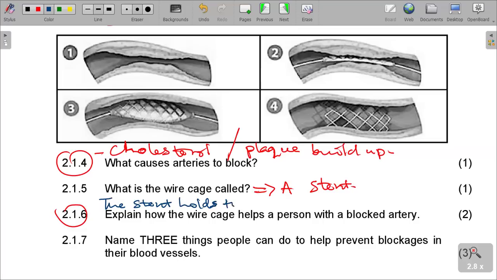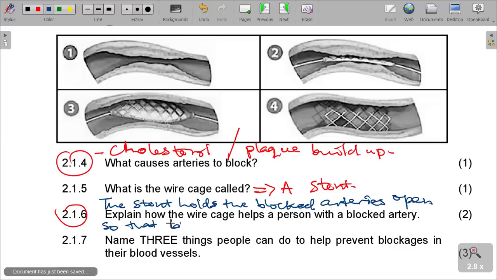It holds the blocked arteries open so that blood can flow through.